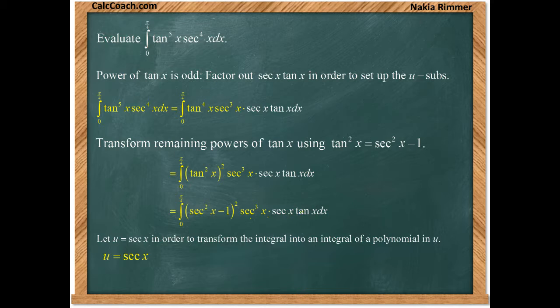If U is secant x, then du is secant x tan x. This guy will end up as U squared minus 1 quantity squared, and then we'll have U cubed on the outside to multiply that. And we'll do the integral indefinitely, and then go back in terms of x and plug in the 0 and the pi over 4.